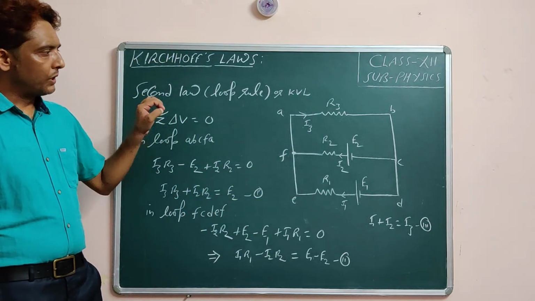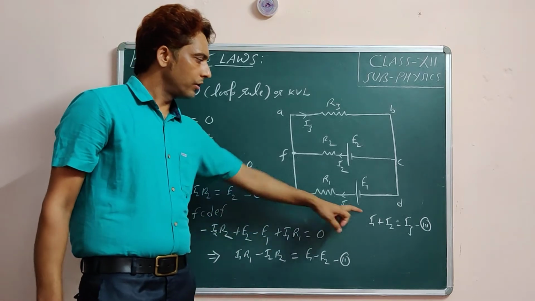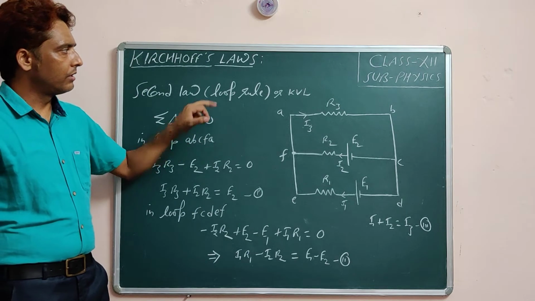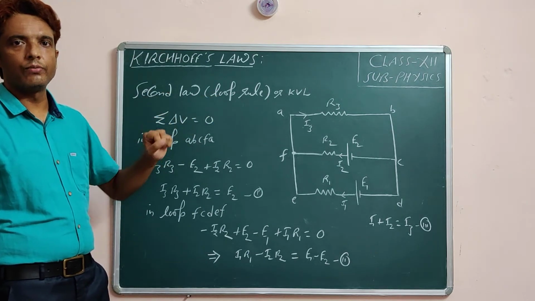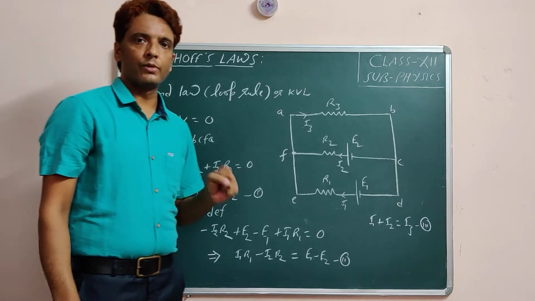This law is based on law of conservation of energy. The first law is based on law of conservation of charge, and this second law is based on law of conservation of energy. How is it based on law of conservation of energy?